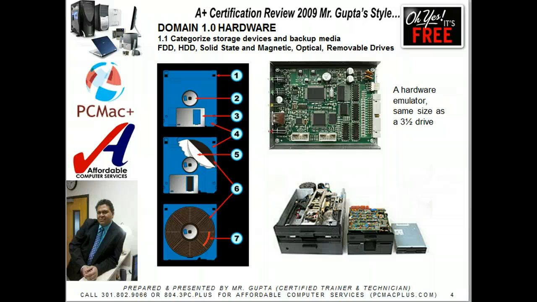Number 3 is a shutter that protects the surface when removed from the drive. Number 4 is the plastic housing. Number 5 is the polyester that allows the disk media to rotate within the housing. Number 6 is the magnetic coated plastic disc. Number 7 is a schematic representation of one sector of data on the disk. The tracks and the sectors are not visible.